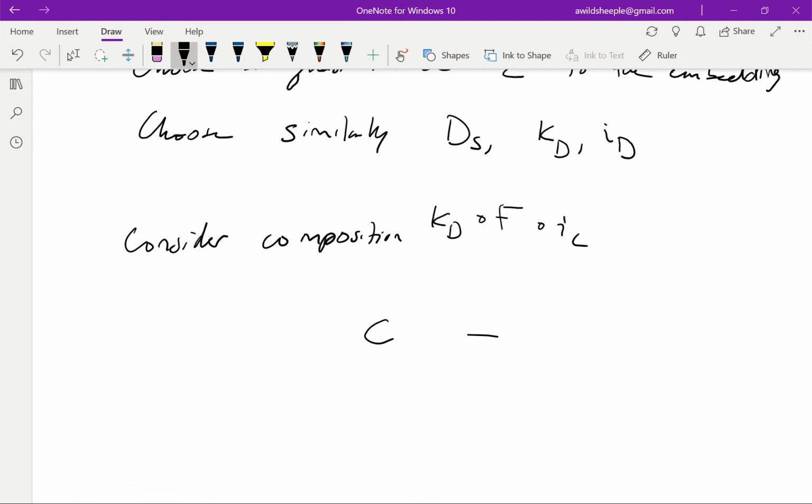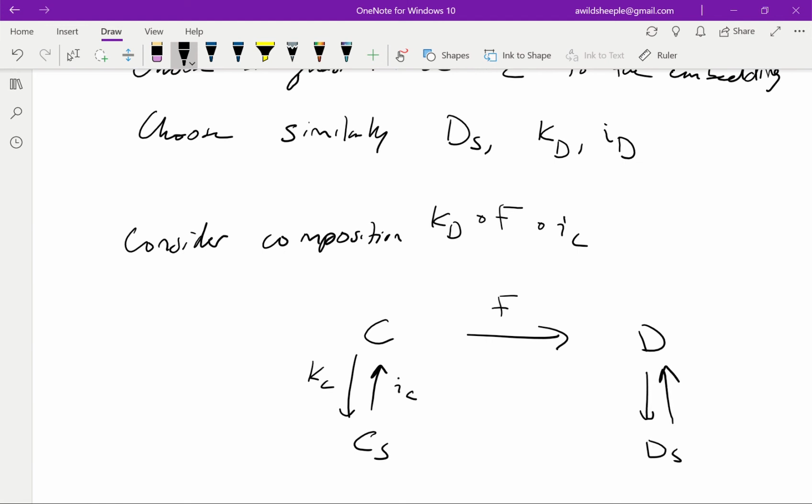We have C and D, and our functor F. And then we have CS, and here we have IC, and here we have KC, and here we have DS with ID and KD, and our composition goes from CS up to C, across and down. So we end up with a picture that looks like this.